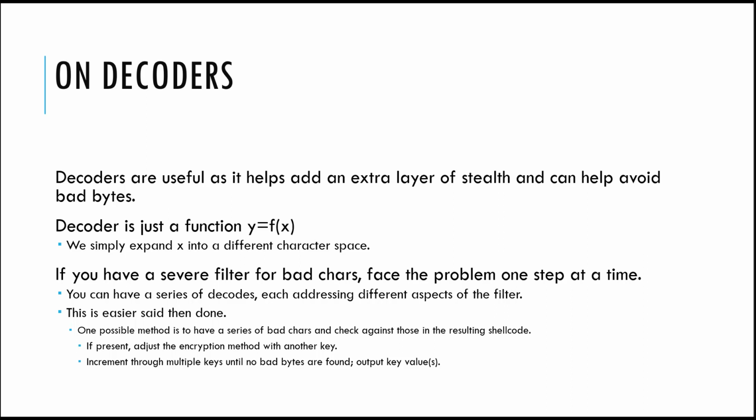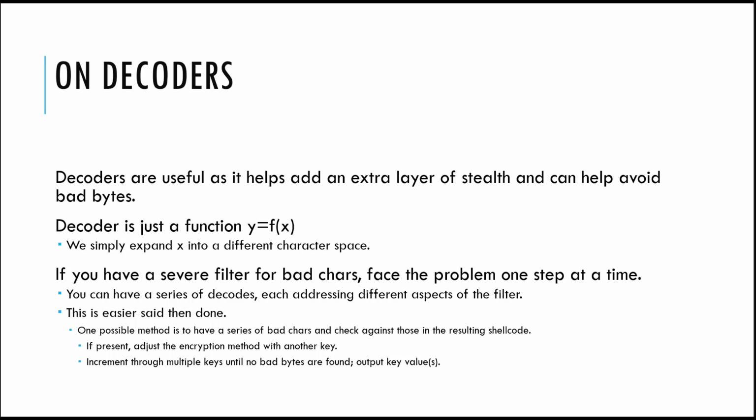Now, we can also be confronted with the issue where if we have a very strict, very stringent filter for many, many bad characters, what do we do? How can we address that? That does become quite a bit more challenging. I'm not sure of the best approach for that, except to say, we could try to approach it one step at a time.